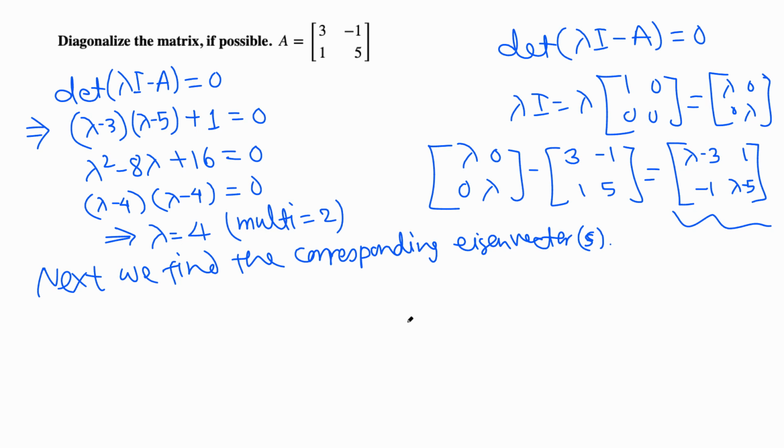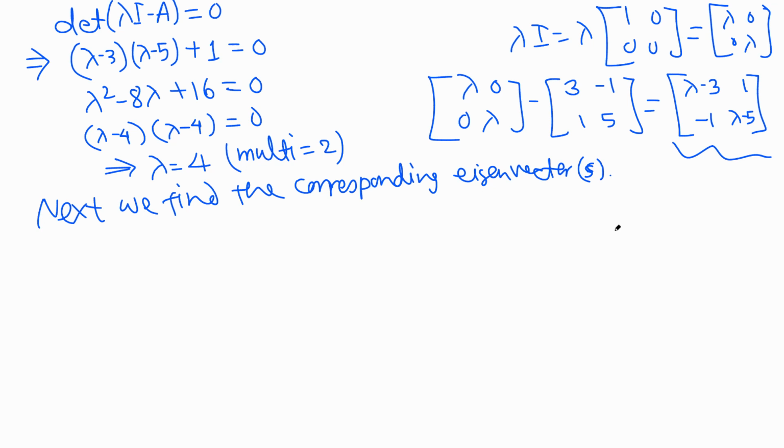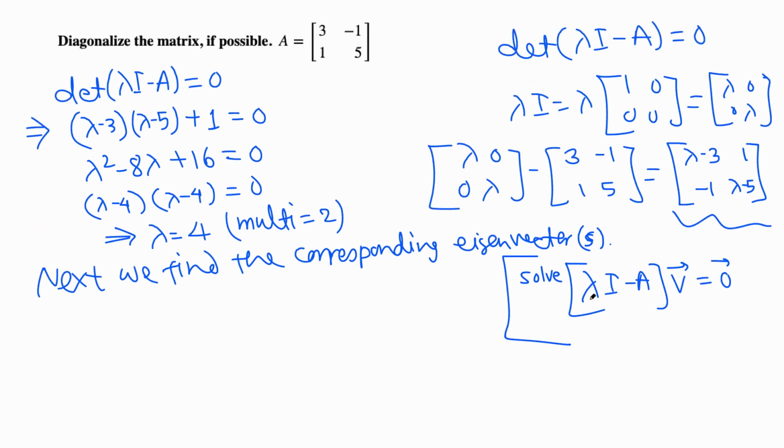If there is only one eigenvector, then no. We just solve lambda I minus A times the vector v equals 0, where v is v1 v2 because it's just 2 by 2. Lambda I minus A is already here. Now we need to put the correct value of lambda, that is 4.